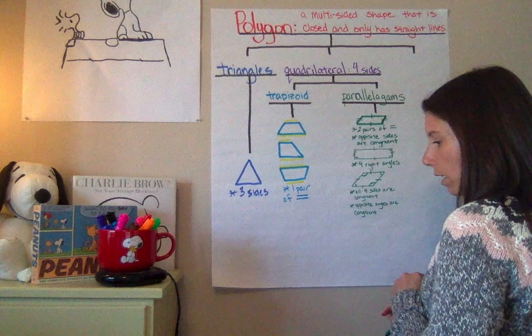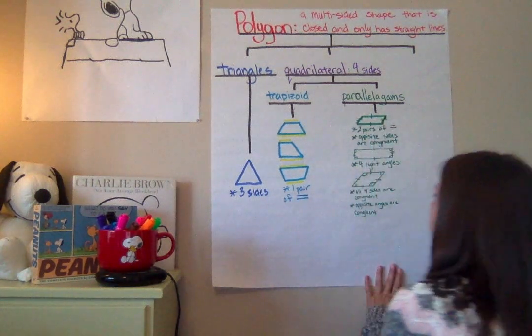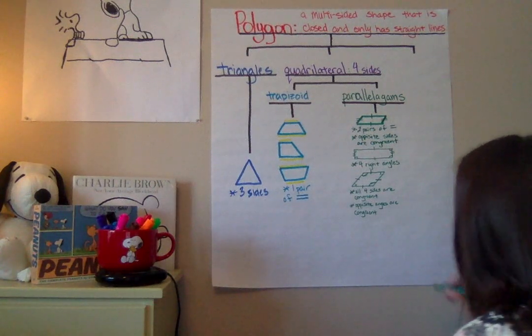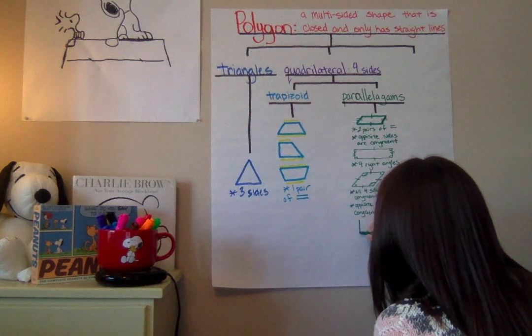Okay, moving on to the last one, which is our square. Okay, our square. You ready for the square? Now the square is like a rectangle.